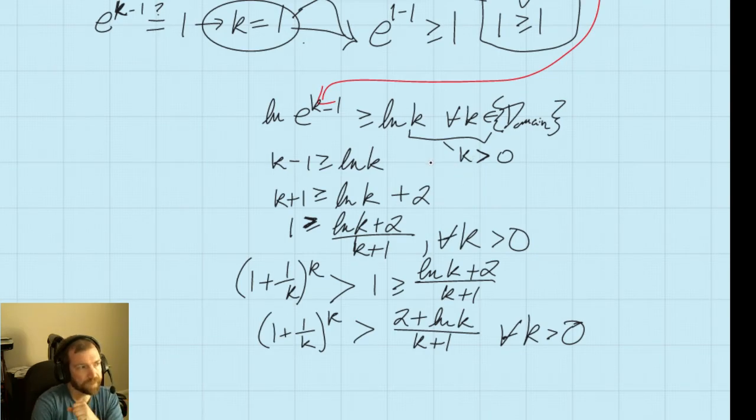So then we could say, let's just backtrack everything. If we backtrack through all of it, eventually we get back to 1 plus 2 to the k is greater than 2 plus natural log of k over k plus 1, as long as k is greater than 0. That's it. So I think we have a manageable solution for this.